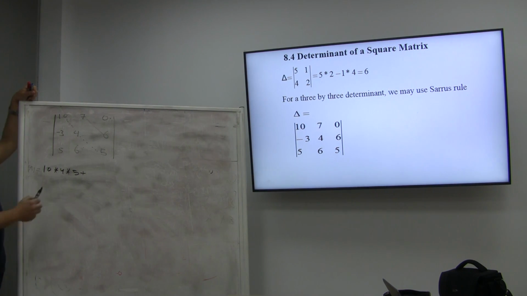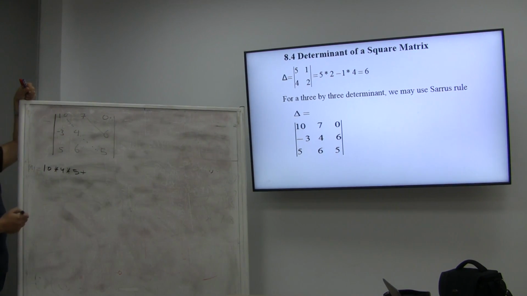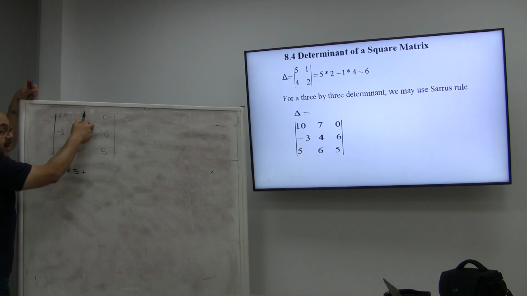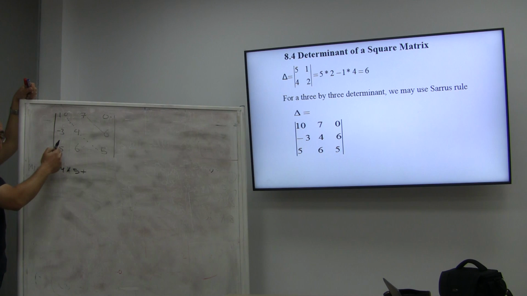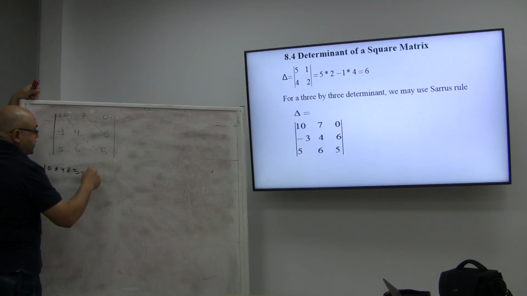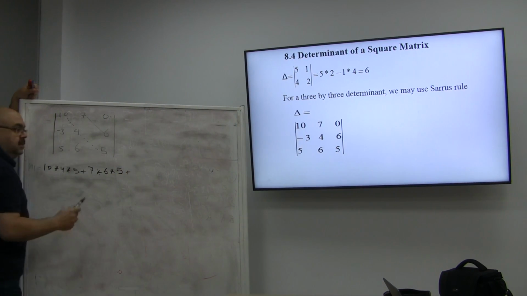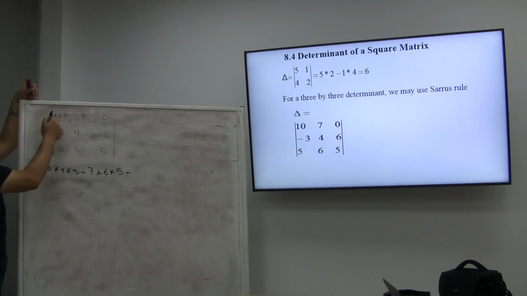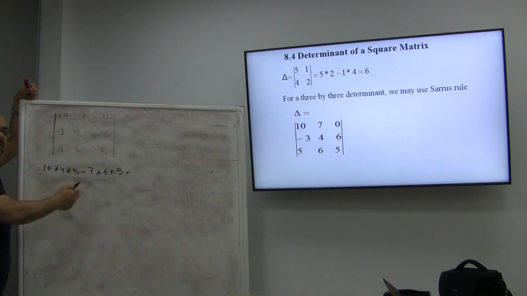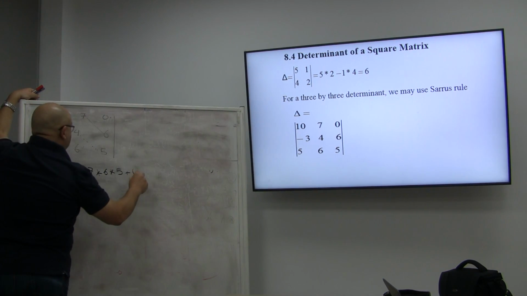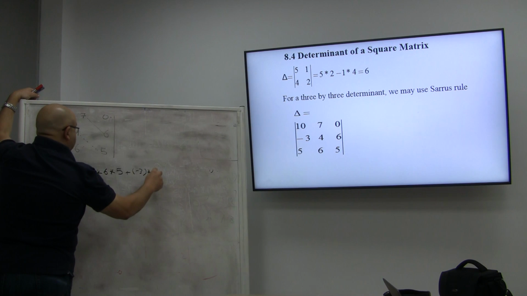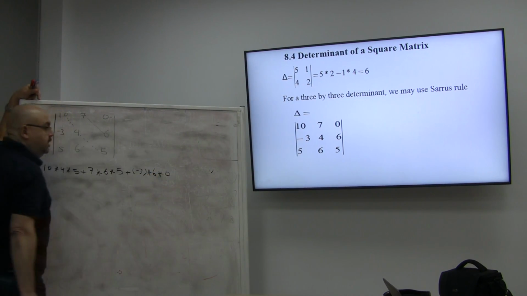So I multiply the 3 numbers of the principal diagonal, then plus the elements of the upper base times the lower vertex: 7 times 6 times the lower vertex, which is 5. Vice versa, I take the elements of the lower base of this triangle times the vertex of the other side: negative 3 times 6 times 0.